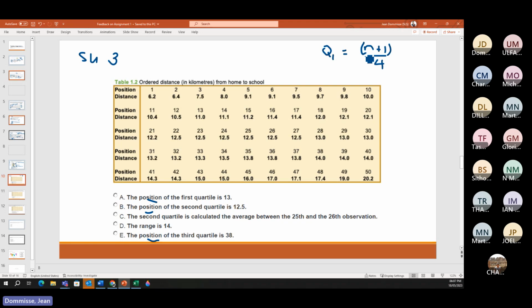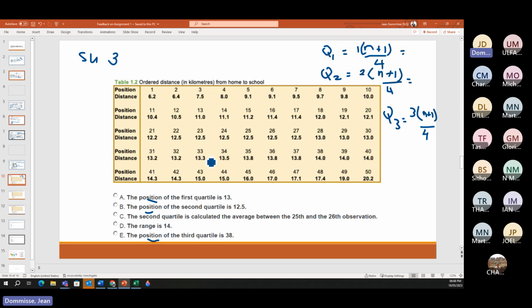I like to write the 1 in front because we're looking at Q1, and for Q2 it's n plus 1 divided by 4, but times 2. And when we do Q3, it is 3 times n plus 1 divided by 4. That is how we work out the position for each.